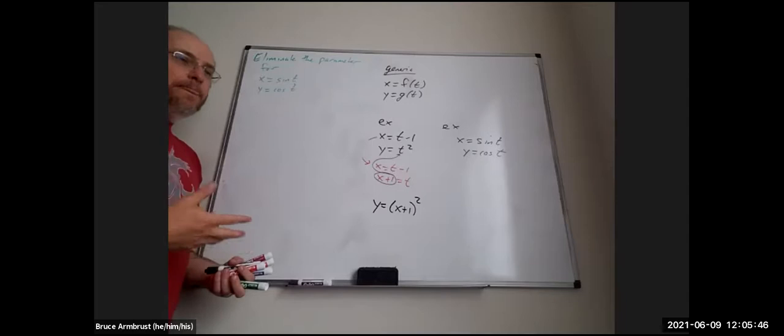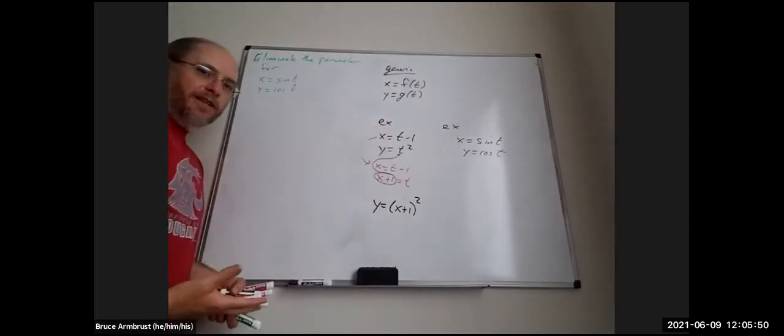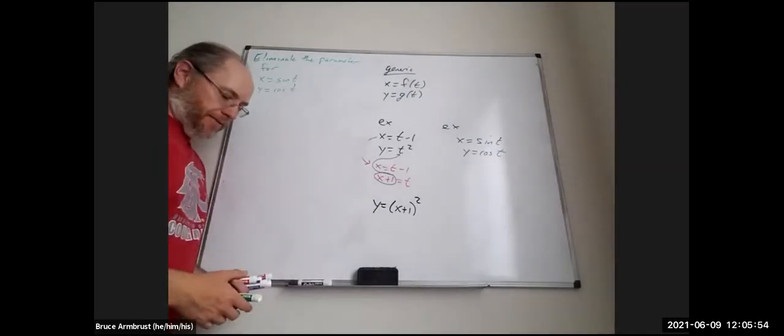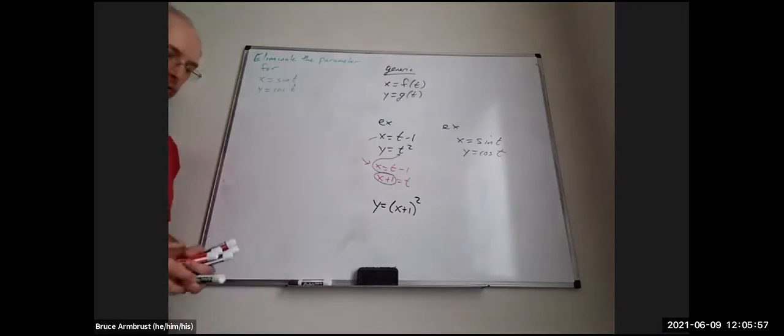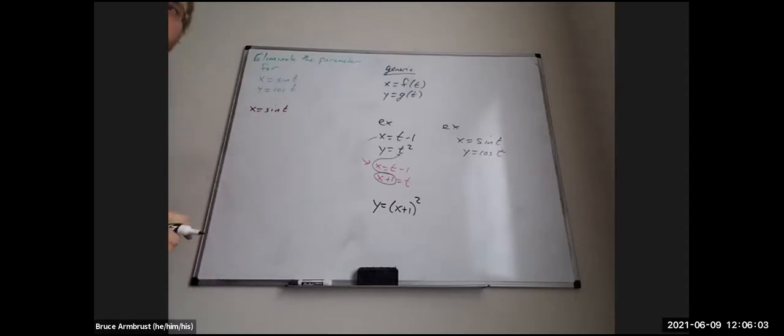All right, so if we're going to do it the same kind of way we did right here, we want to solve one of the equations for t and then plug it into the other one. So let's go ahead and do that. Let's start with the x equals sine of t, and let's solve it for t.